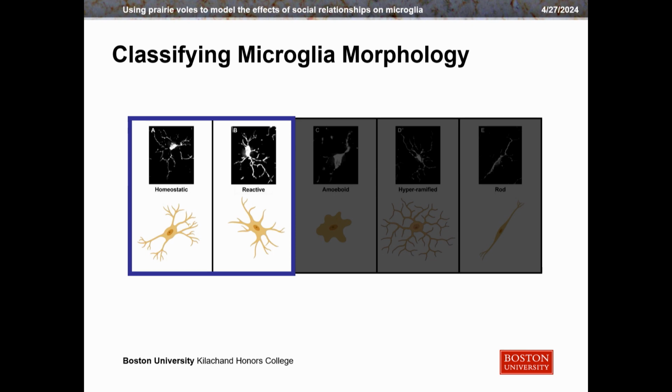So at peak health, however that organism is functioning is referred to as homeostatic, and that's the morphology associated with this homeostatic phenotype. You can see on this spectrum that homeostatic microglia are associated with a smaller cell body and more processes, whereas reactive microglia are associated with a larger cell body and fewer processes.